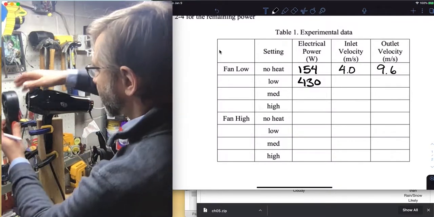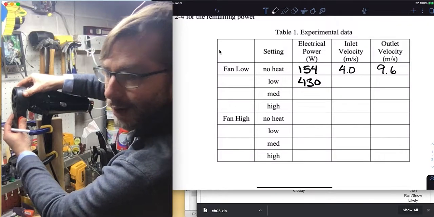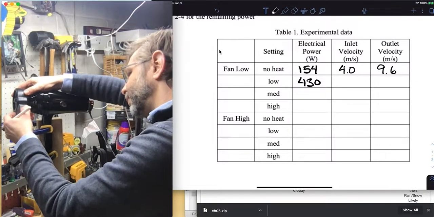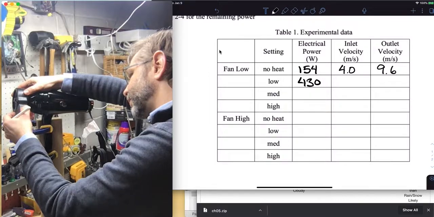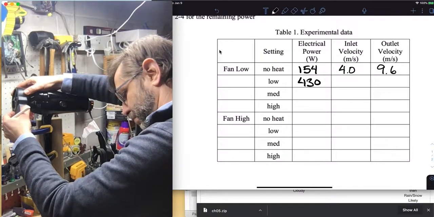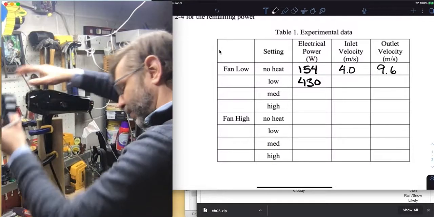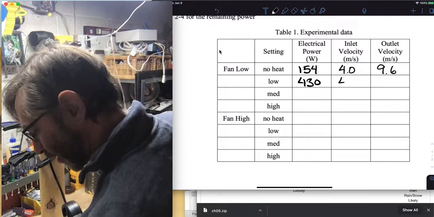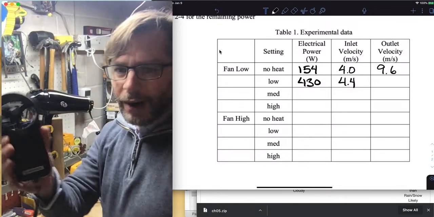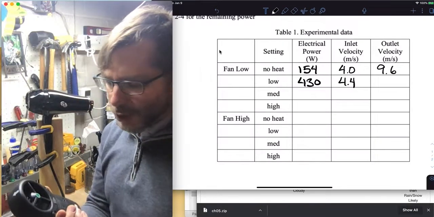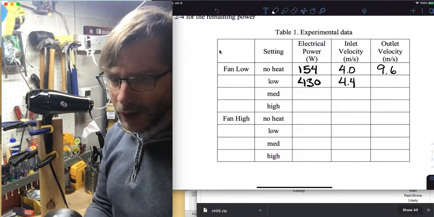Now I shouldn't expect it's going to be very different, but we're just going to take the data anyhow. I'm getting about 4.4. It really depends on where I have this thing tilted, right? We're making a pretty rough measurement, so it'll all work out in the end, okay?